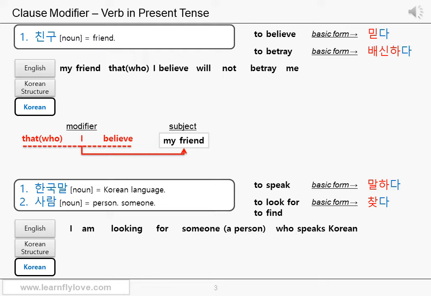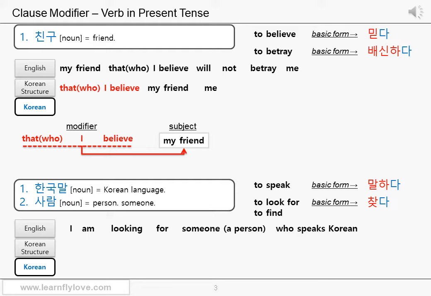Remember that. Let's rearrange the words first. What is the subject of this sentence? My friend is the subject, but that I believe part modifies my friend part. Therefore, that I believe part should come before the subject my friend. Will not betray me. Me is an object of the verb betray.